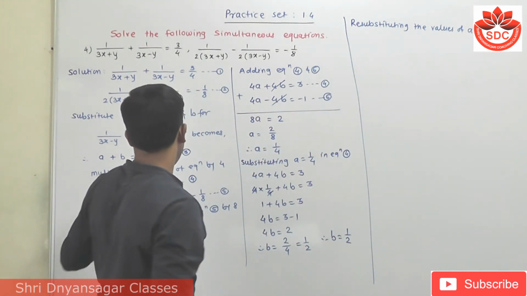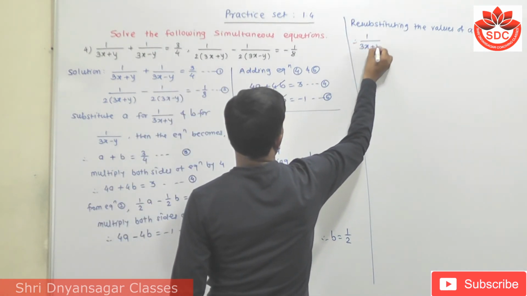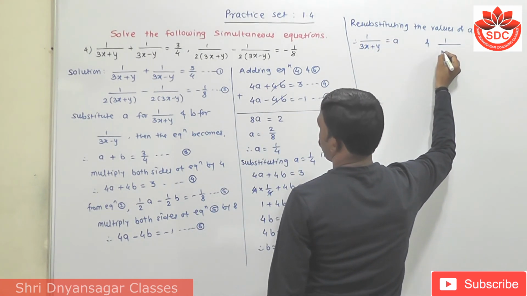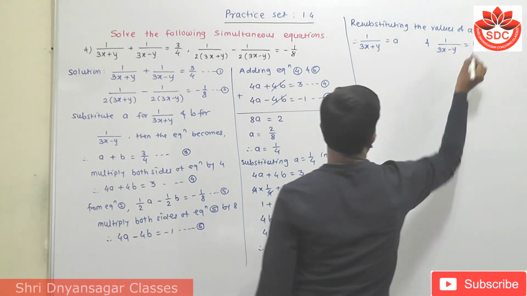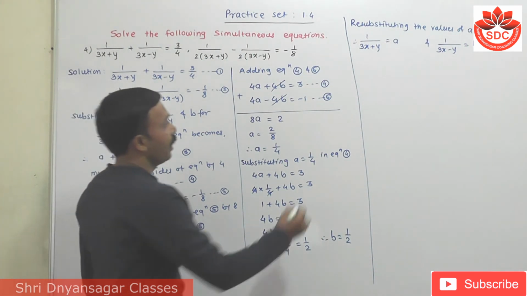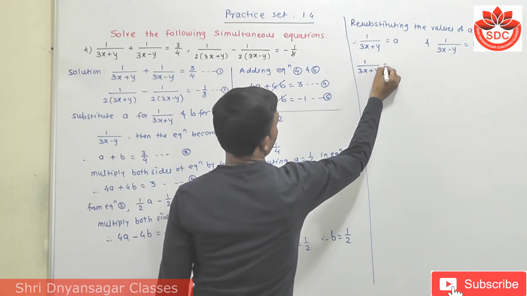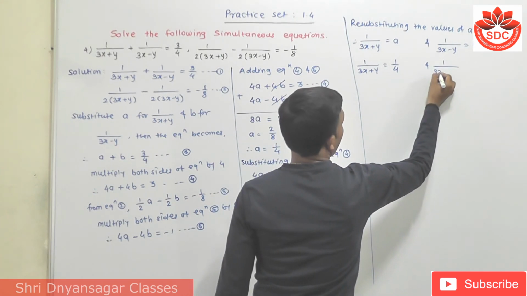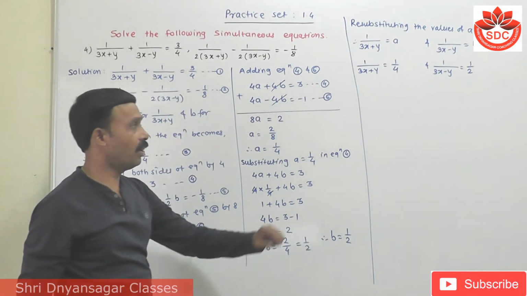Therefore, 1 upon 3x plus y is equal to a and 1 upon 3x minus y is equal to b. Then substitute the values of a and b here. a is 1 upon 4. So I will write here 1 upon 3x plus y is equal to 1 upon 4 and 1 upon 3x minus y is equal to 1 upon 2. This is the value of b.